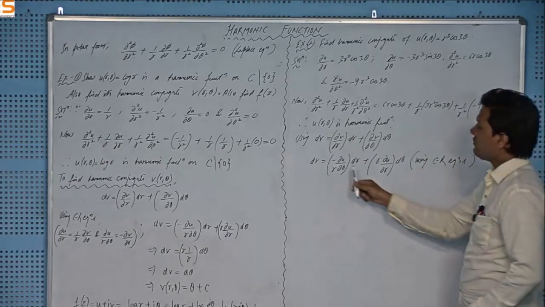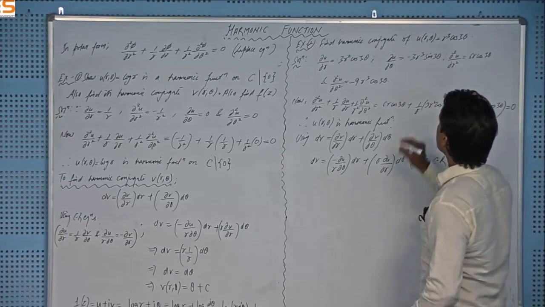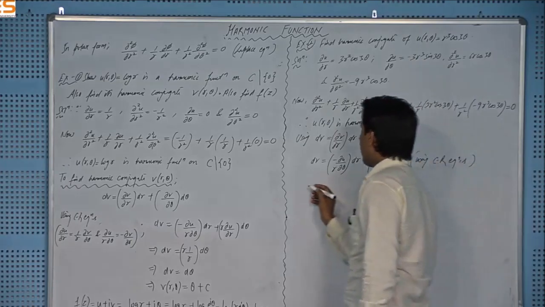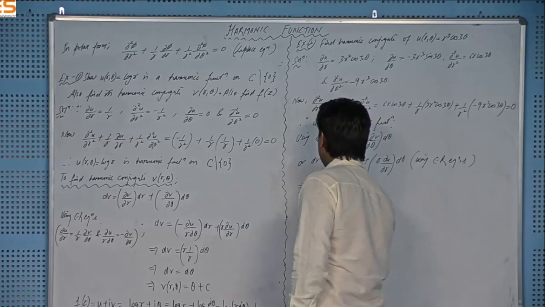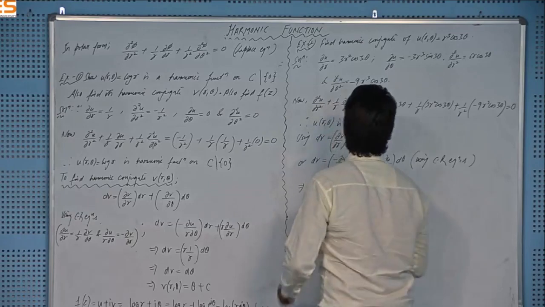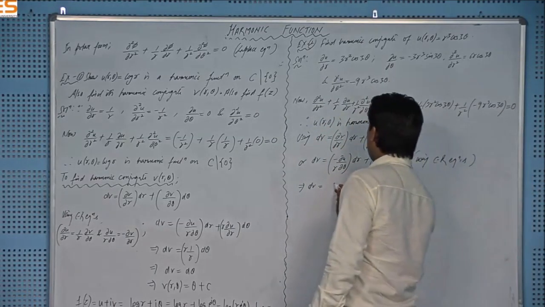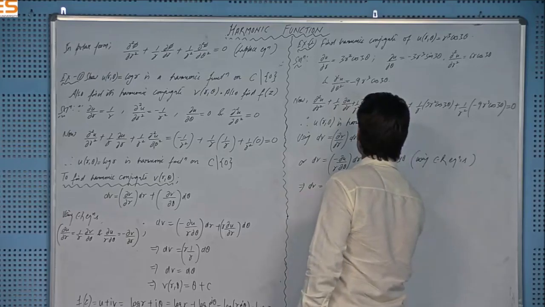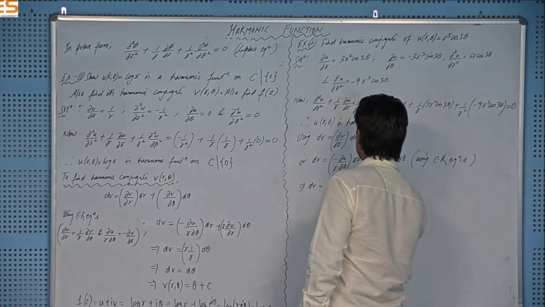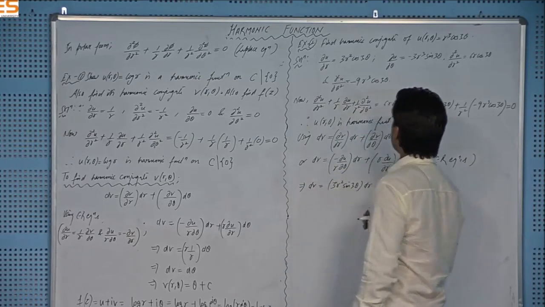And then putting the values of del u over del theta, where is that? This is del u over del theta, and that will give me dv equal to del u over del theta over r, that will be 3r square, I think, 3r square sine 3 theta dr, fine.